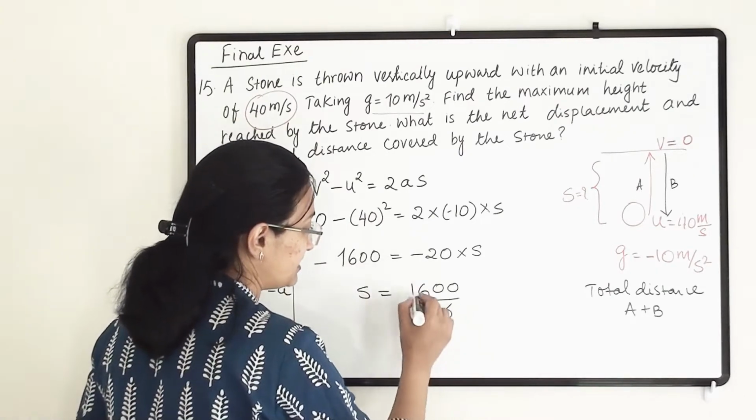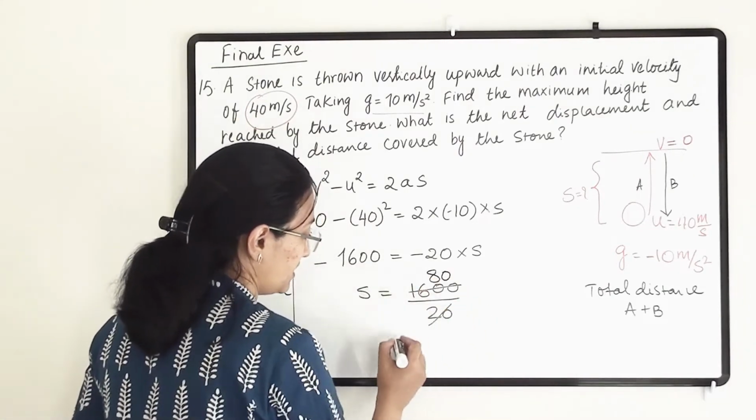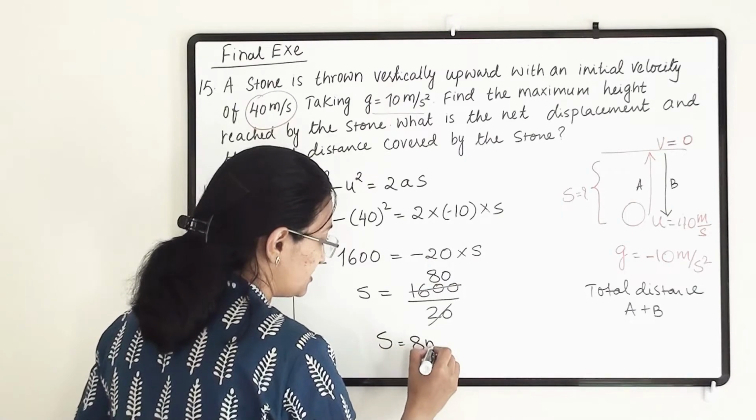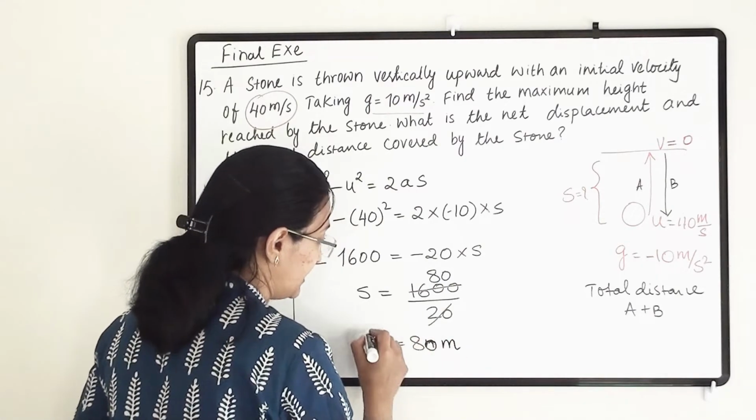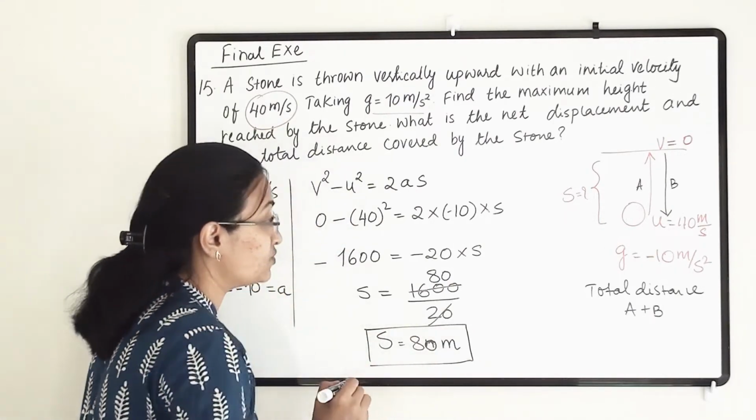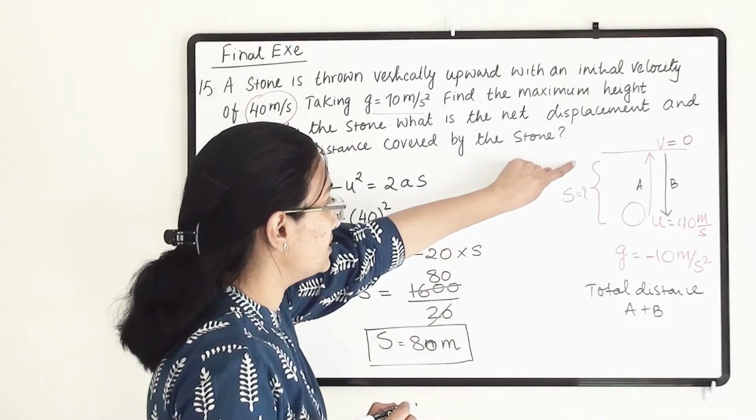So we will get 80. Now S equals 80 meter. That much distance it will travel when it reaches the top.